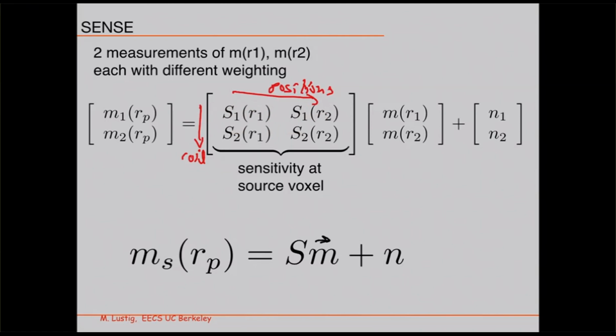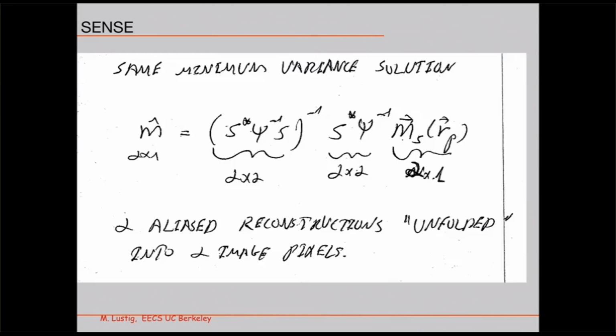Okay, all right, so there's a minimum variance solution. It's basically the same thing, exactly the same equation that we used before. So the solution is pretty much S conjugate covariance inverse S, inverse, times S conjugate covariance inverse times the measured pixels at R P. The only difference is that the size of the matrices is now different. This thing is a 2 by 1, right?